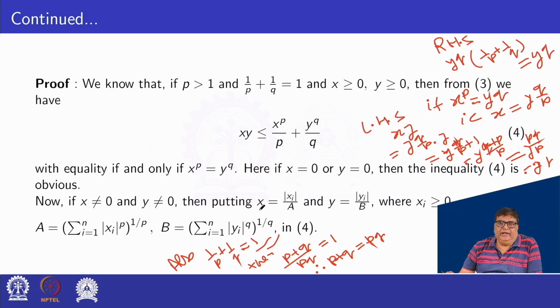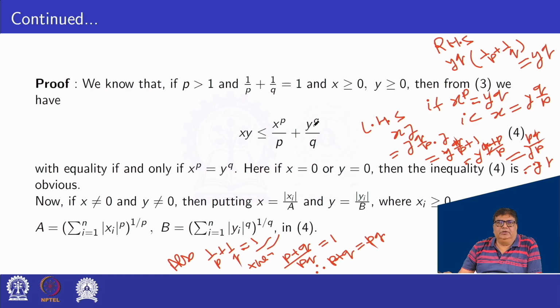Then putting x is equal to mod of xi upon a and y is equal to mod yi upon b, where a is equal to the summation from i equal to 1 to n of mod xi to the power p, whole power 1 by p, and b is equal to the summation from i equal to 1 to n of mod yi to the power q, whole power 1 by q, in equation 4.